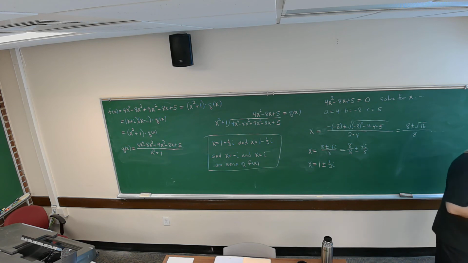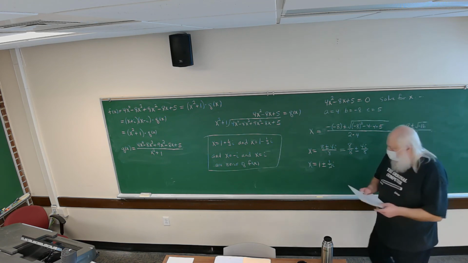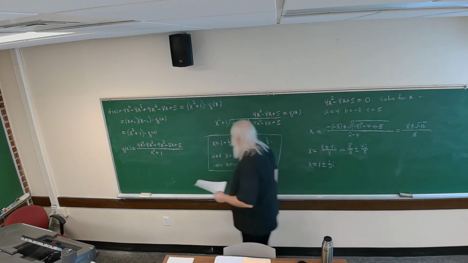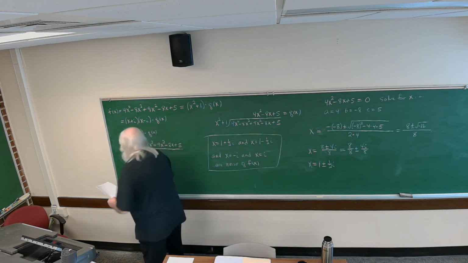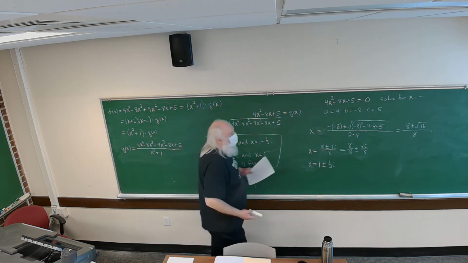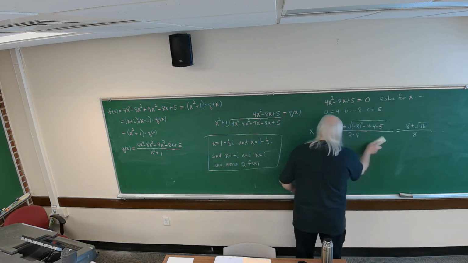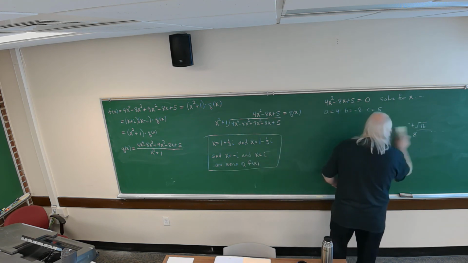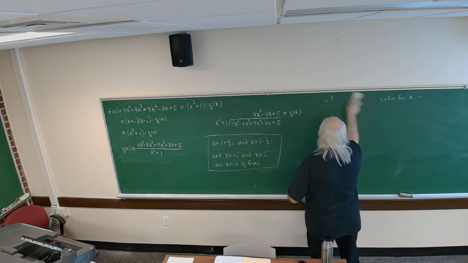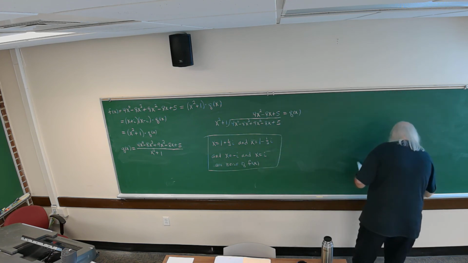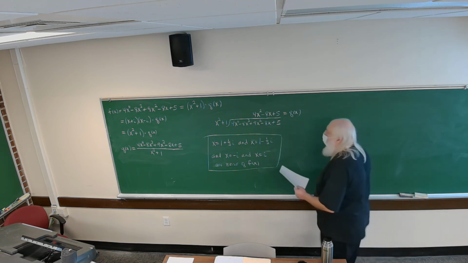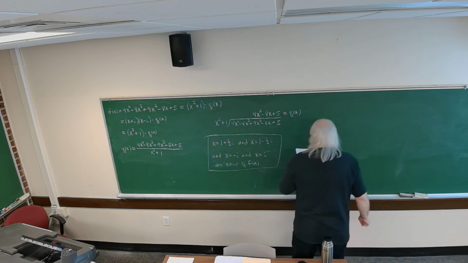Determine all the solutions to this equation. Well, if one solution is 1 plus 2i, what's another solution? 1 minus 2i. There you go. Complex zeros theorem.